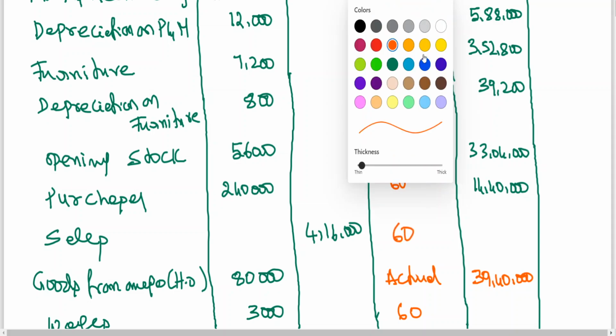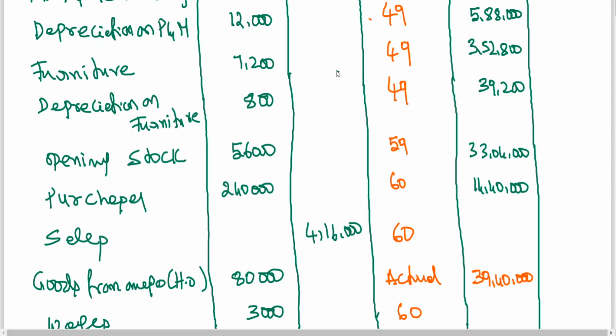Okay. Next, 4,16,000 into 60 is coming to 24 lakhs 96,000. Then this I have told you already.